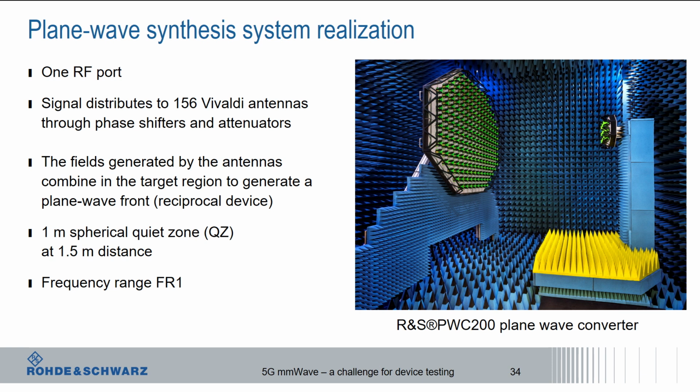And it generates a nice big quiet zone of 1 meter at a distance between the plane wave converter and the device under test, or the antenna under test, of only 1.50 meters. If you would want to do the same thing, again, in direct far field, for example, at 3 gigahertz, again, this is FR1, mainly meant for base station testing for big devices that need a big quiet zone, then you would again have a 20-meter distance requirement between the device under test and your emitting antenna.